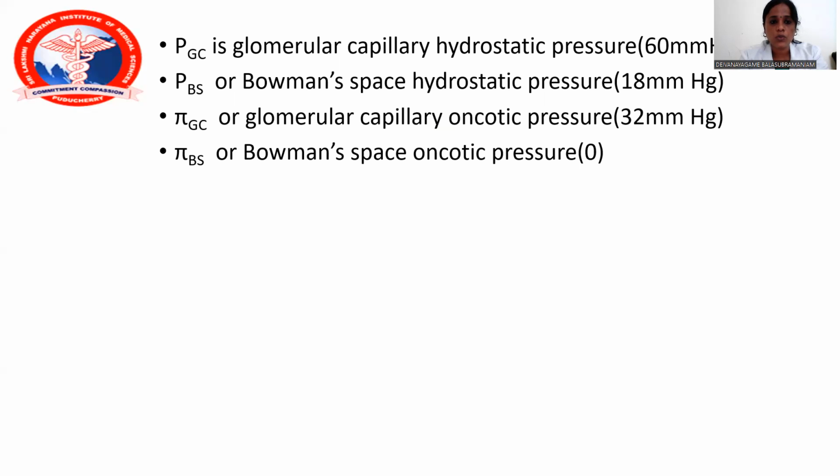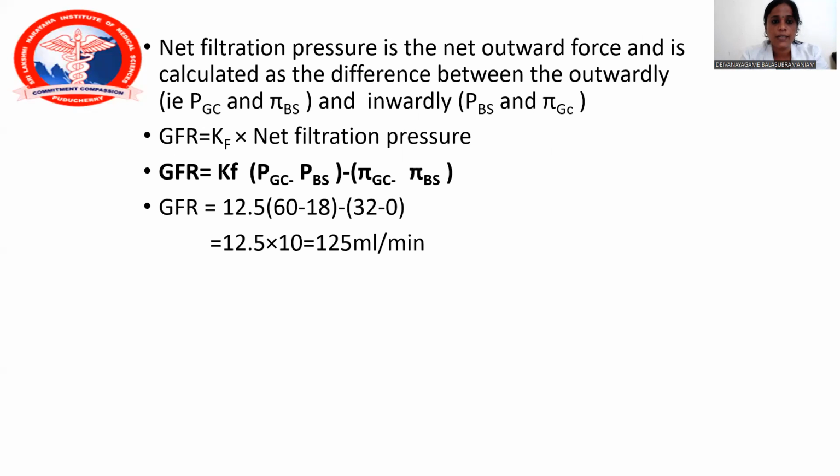So we can write the formula. PGC is the glomerular capillary hydrostatic pressure, PBS is the Bowman space hydrostatic pressure, pi GC is the glomerular capillary oncotic pressure, and pi BS is the Bowman space oncotic pressure. Net filtration pressure is the net outward force.